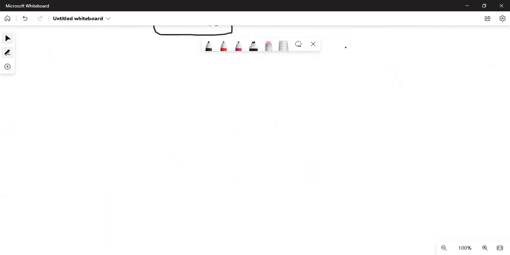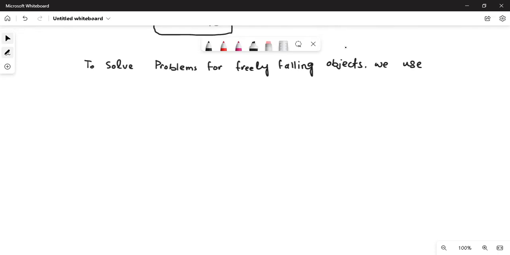We use the same equations of motion, but with slight changes. What are the changes?